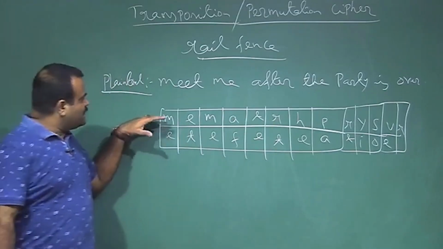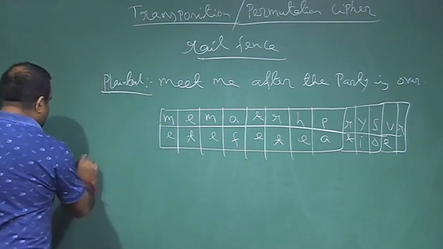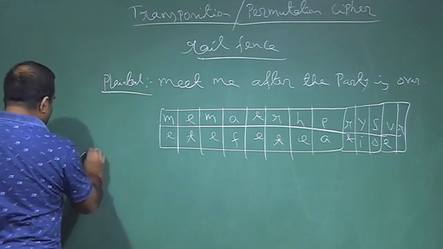And then to get the ciphertext, what will we do? We will read it row wise.